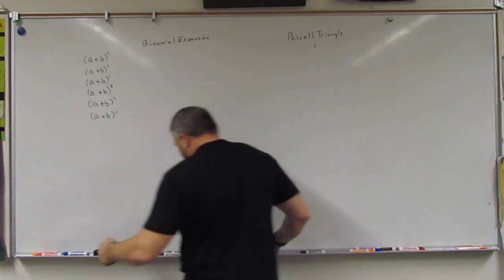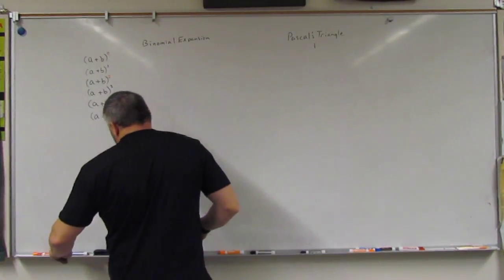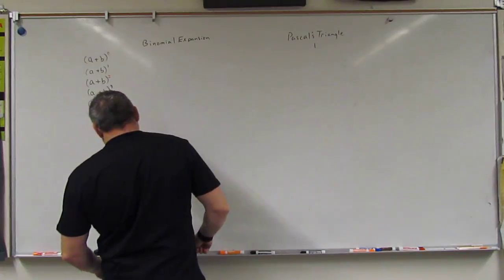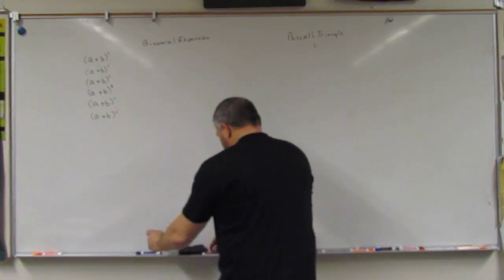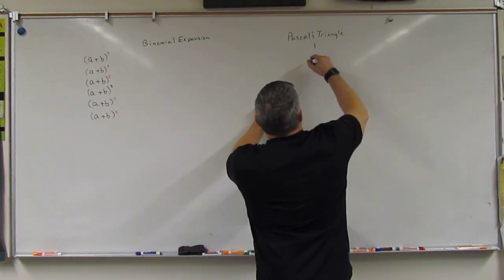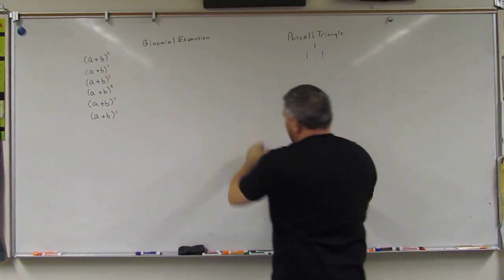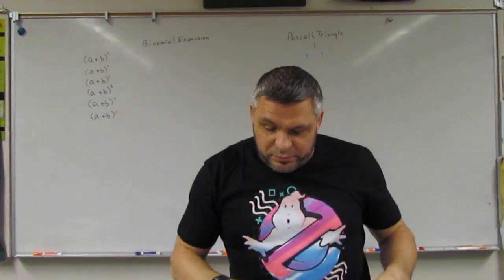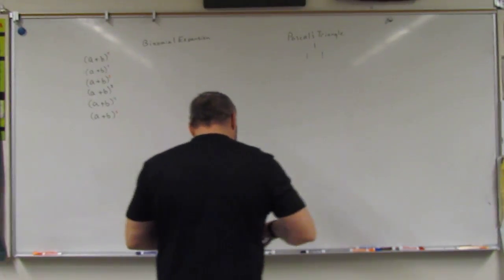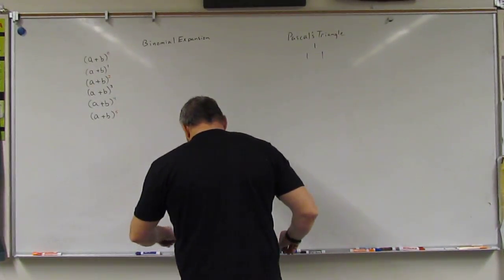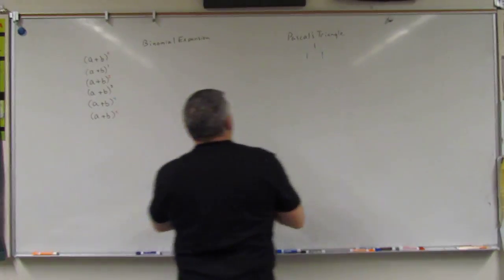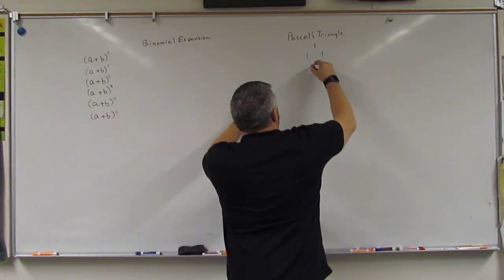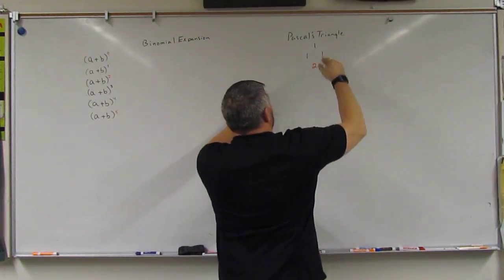It's really basic. It goes 1, and then we did blue, right? So then we do 1 and 1, like that, right? And then 1 and 1 makes how much? 2, right? So in this line, you got a 2 right here, right?